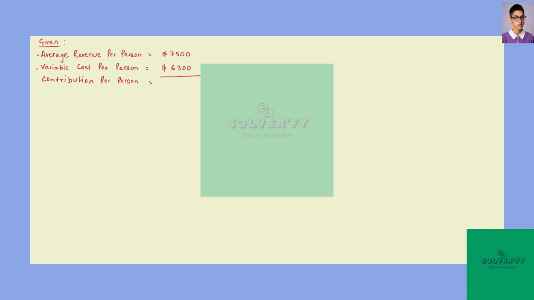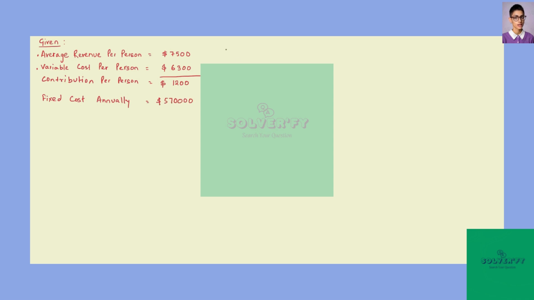So if we subtract this figure, then we are going to get $1,200. So this is the contribution per person. Also, the fixed cost annually is given as $570,000.